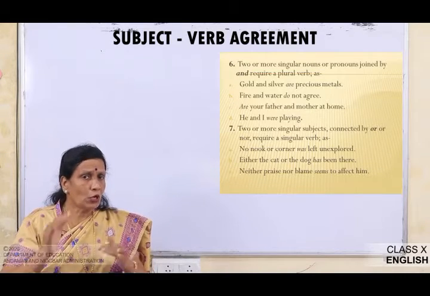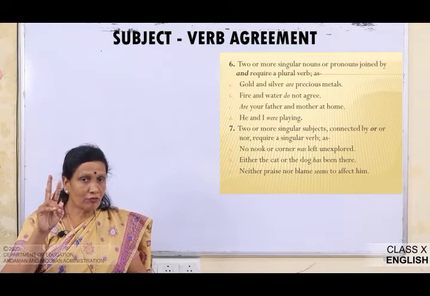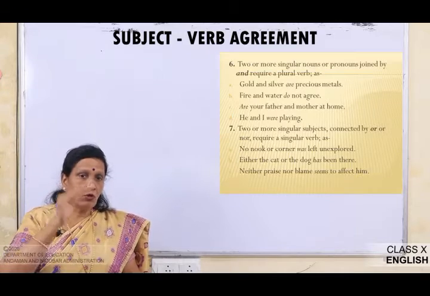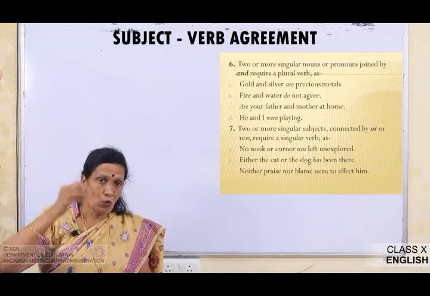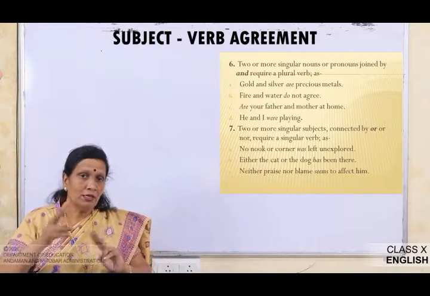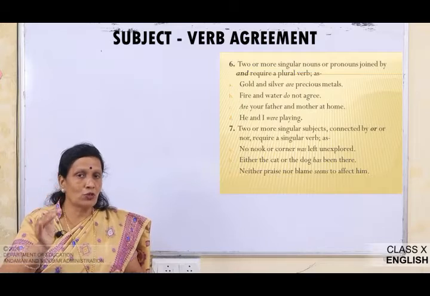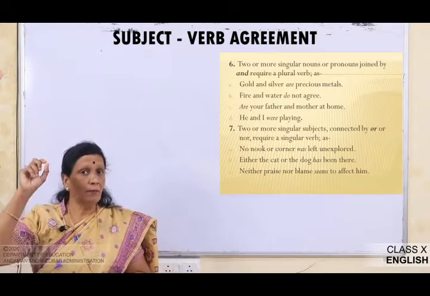For example, gold and silver. Two different nouns, gold and silver. But there is a connector in between, and: gold and silver. So, when two different nouns or pronouns are joined with and, we use the plural verb.